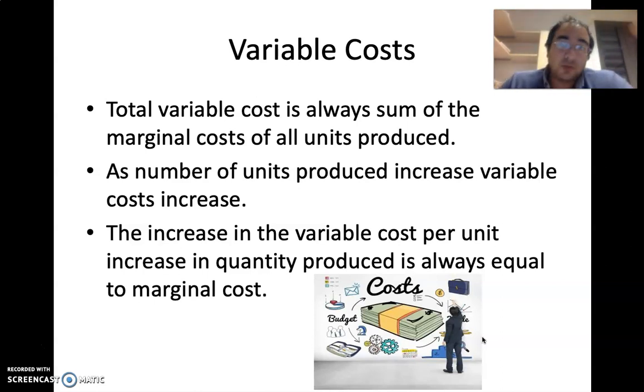So the variable cost of the two units is the cost added by the first unit and the cost added by the second unit. And if you produce 3 units, then you also need to add the cost added by the third unit. So in order to calculate variable cost, you always need to calculate the marginal cost of all units separately, basically.